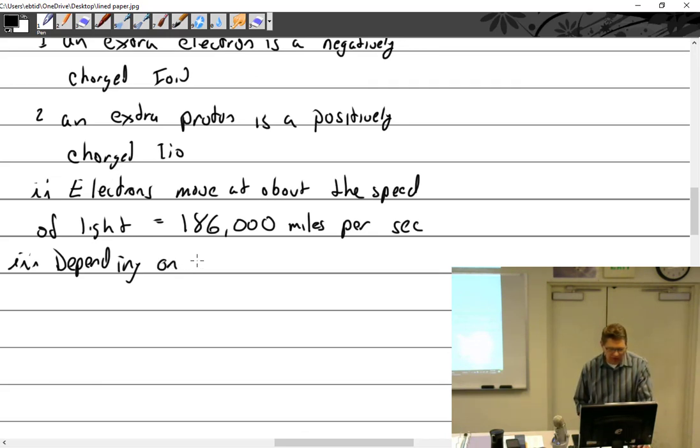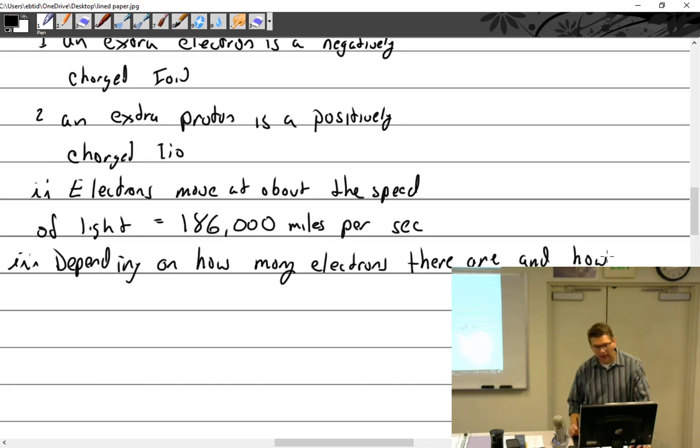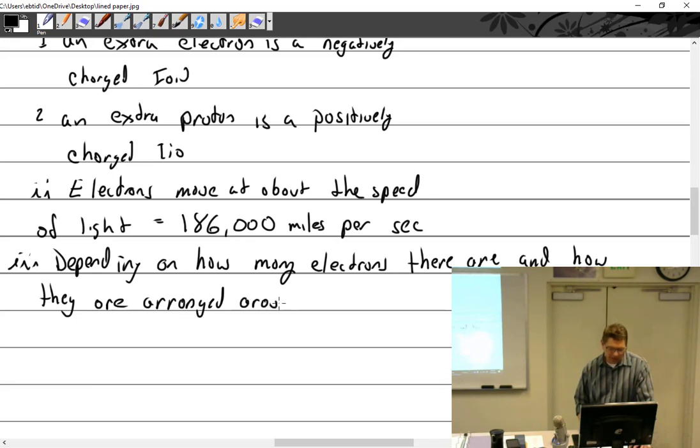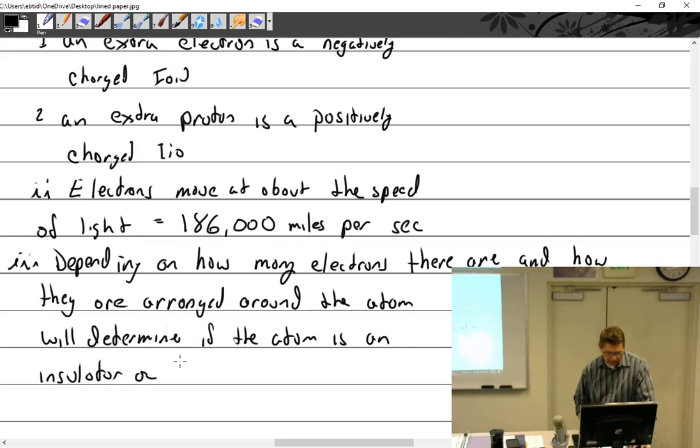Depending on how many electrons there are, and how they are arranged around the atom, well, actually is the atom, will determine if the atom is an insulator or conductor.